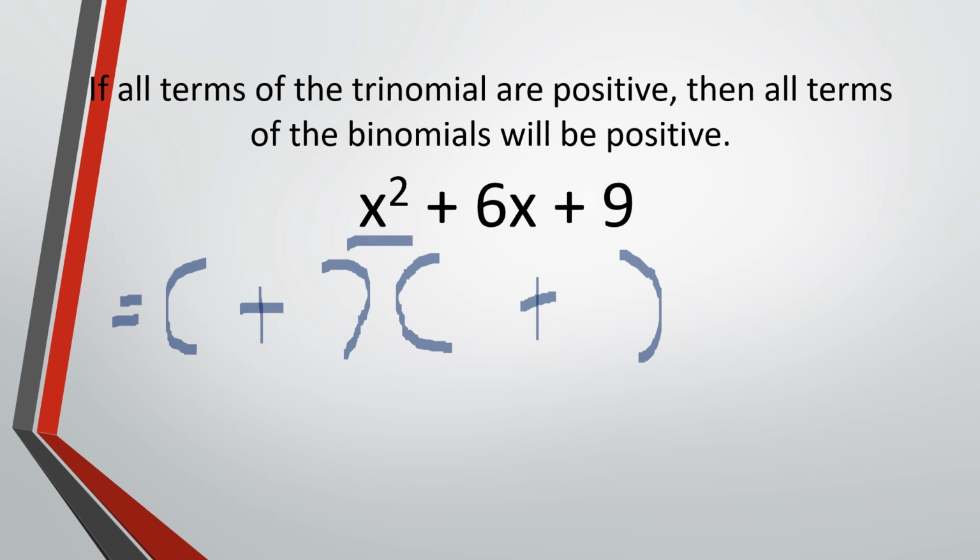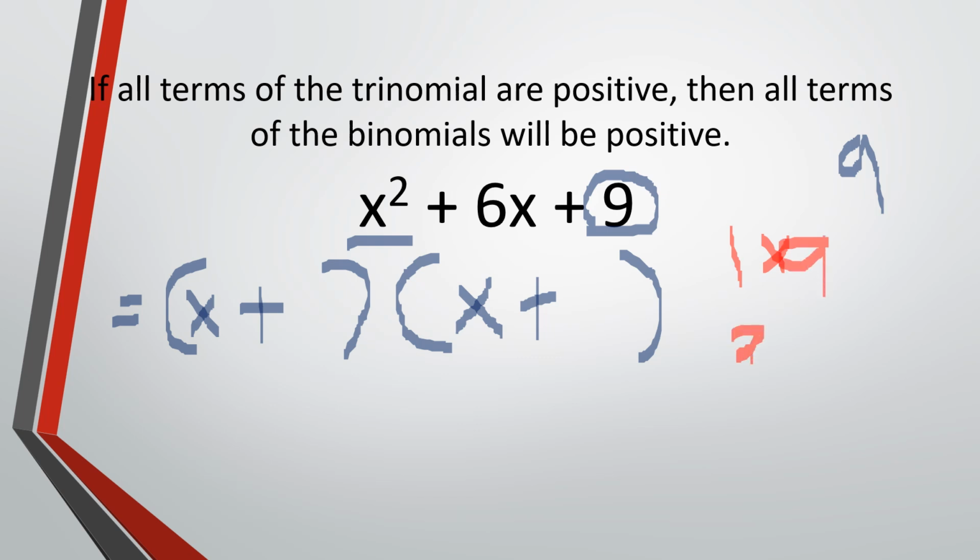We have x squared, so therefore we have x and x. After that, let's move to the last term, 9. The factors of 9 are 1 and 9, 3 and 3, and 9 and 1.